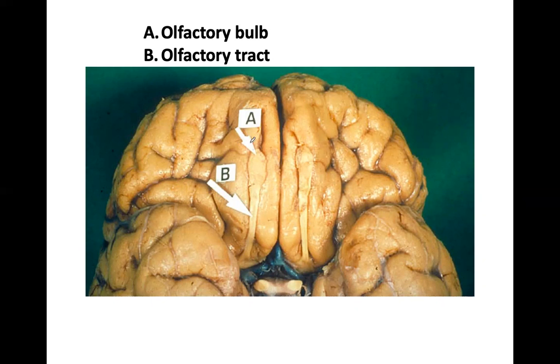So the signals get sent from your nose and first reach this enlarged structure right here, which has specialized neurons for the sense of smell, or olfactory sense. This enlargement is referred to as the olfactory bulb, which continues going down further into the brain through what we identify as the olfactory tract.